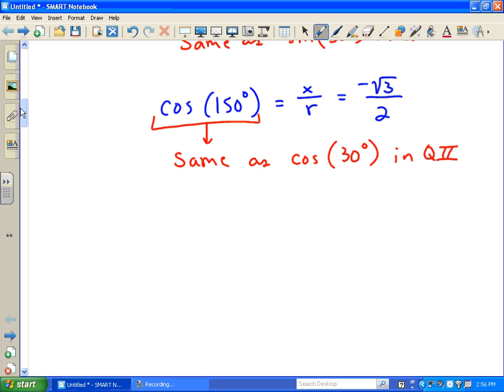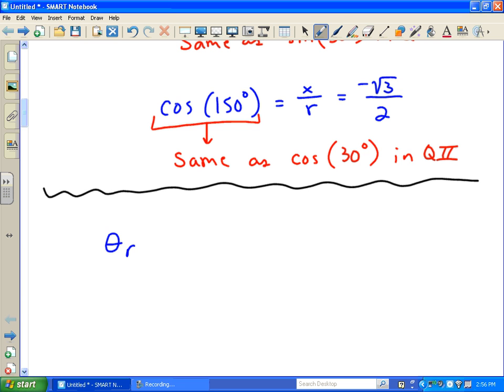Okay, now I'd like to talk about a few other things. Knowing which quadrant my reference angle is located in will allow me to determine the sign of my trig function. Let's look at tangent for an example. Let's say that we have a reference angle and it's located in quadrant 4.